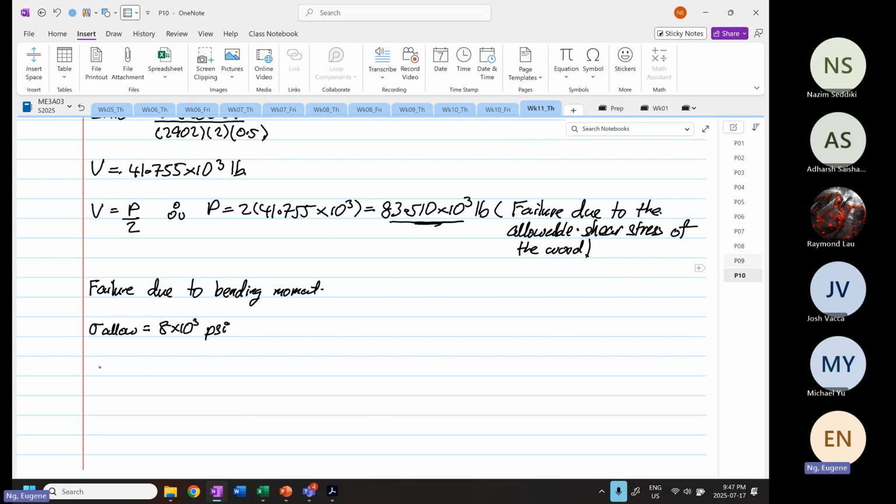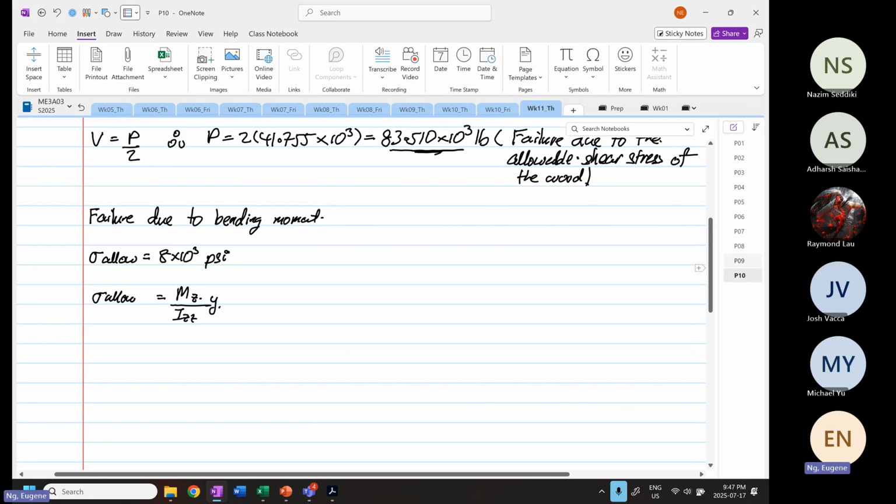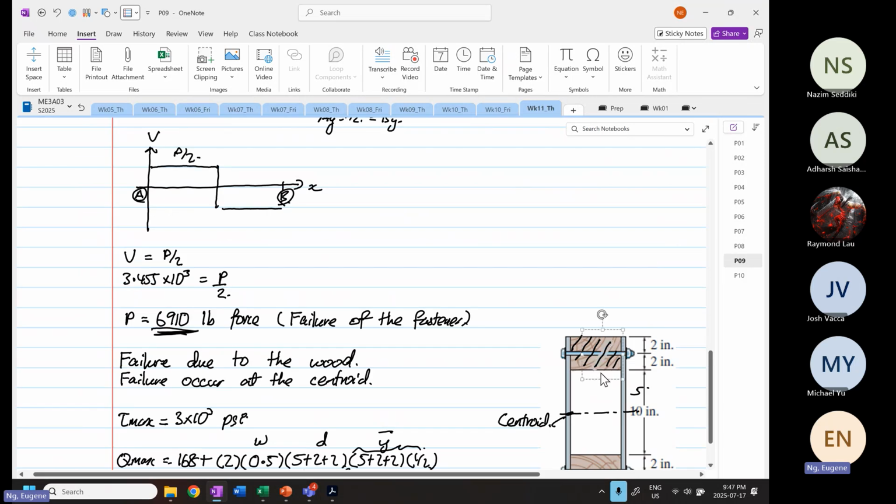So stress allowable is equal to Mz over Izz multiplied by y. So we know the stress allowable is 8 times 10 to the power 3. The Izz is 2902. And then the y is the distance furthest away from the centroid.